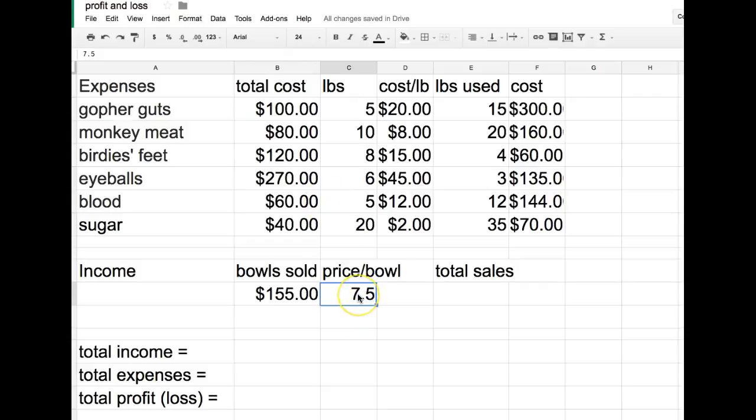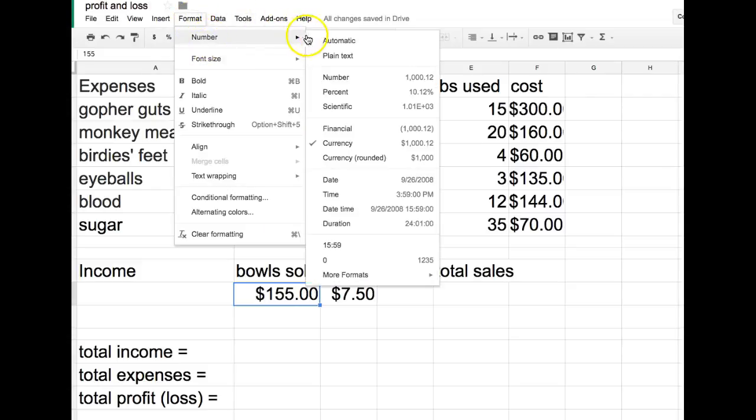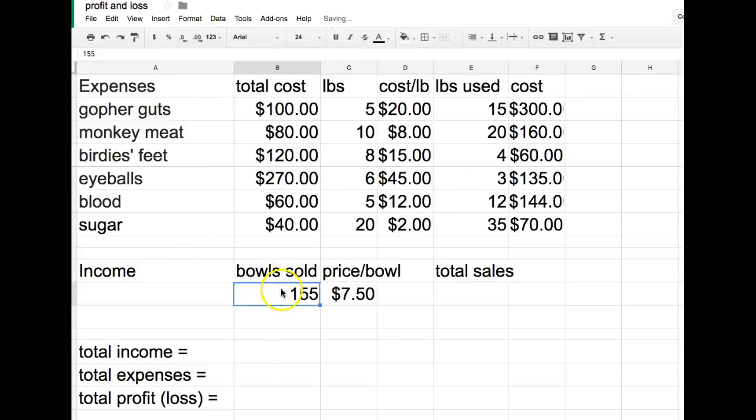You see how this one is not being shown as cash, but if we just go up and click the $ sign, we change it. Now, how much total sales do we expect? We don't want that formatted as currency, so we format this back to a number, 155. So 155 bowls, $7.50 a bowl, so we're going to multiply.